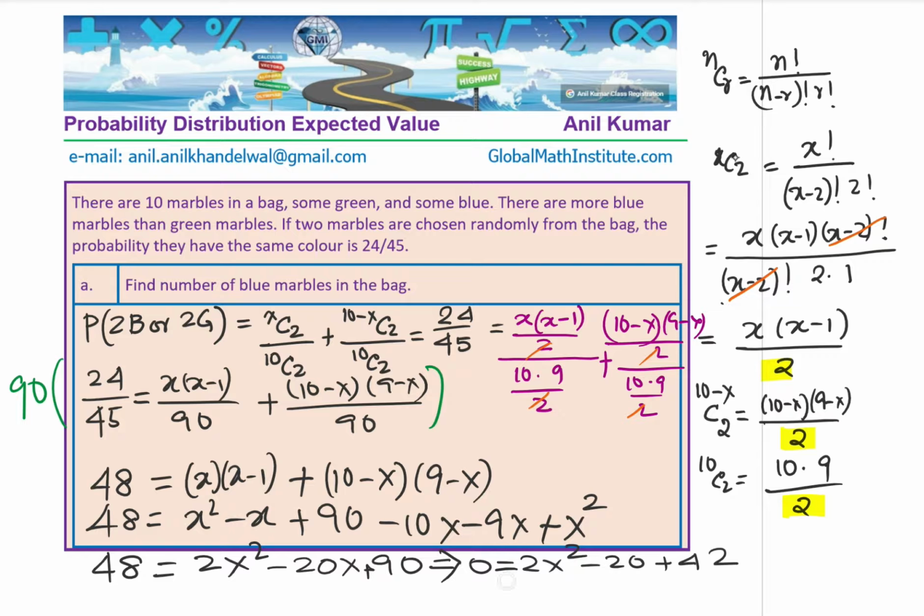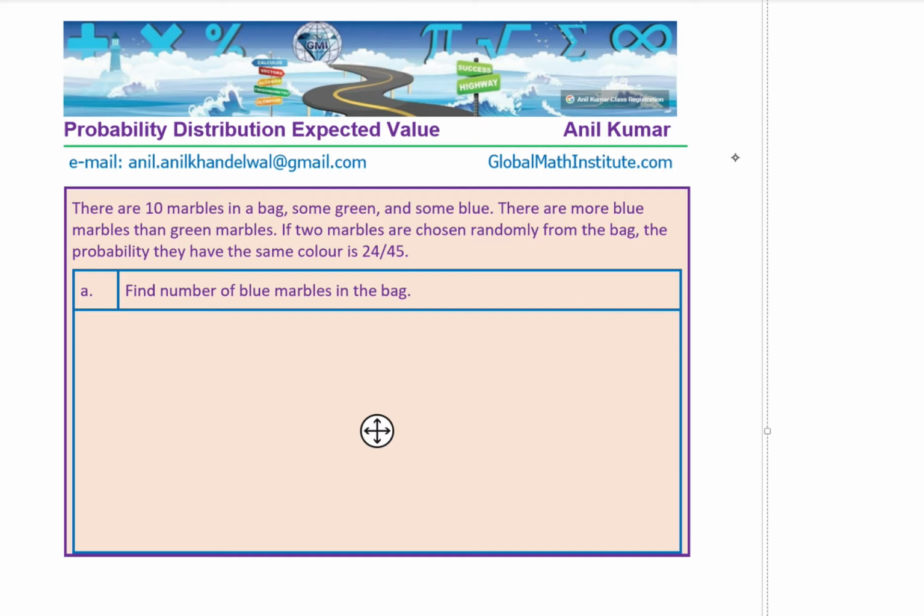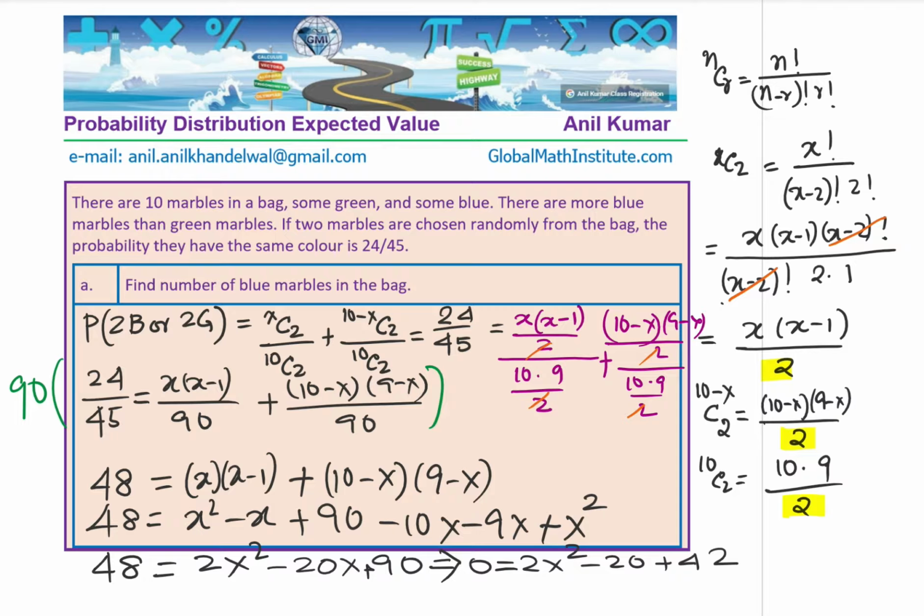So 0 equals 2x squared minus 20x plus 42. We'll take it on the next page and then solve further. So what we get here is 0 equals, let me see what it was again, 2x squared minus 20x plus 42.